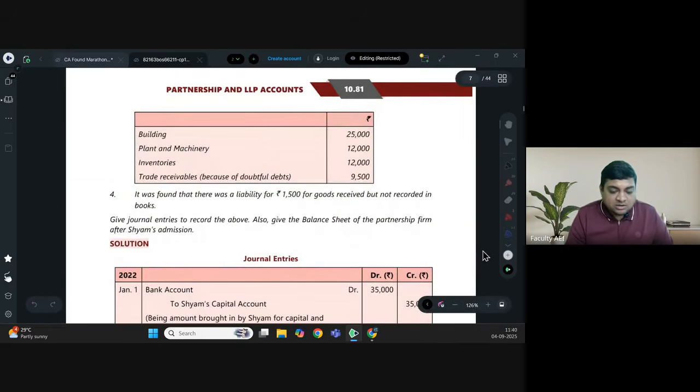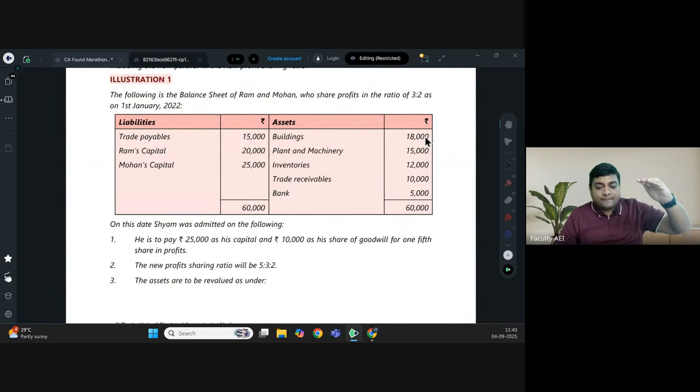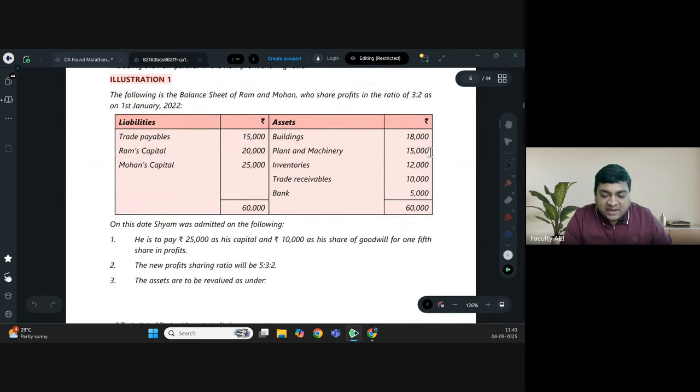Revaluation is as follows. Building 25, plant and machinery 12, inventory 12, trade receivable 9,500. So building value is 25. Building is already at 18,000. So 7,000 increase in the value of building. Plant is 15. They are telling to bring it down to 12.